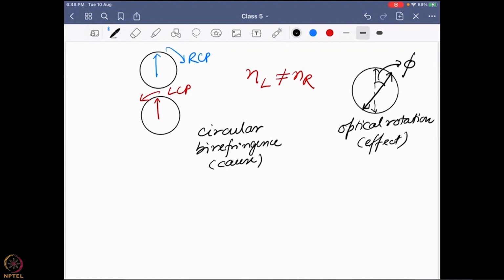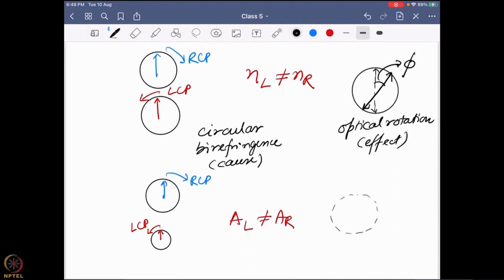Similarly, what might also happen is that this right hand circularly polarized light and left hand circularly polarized light are moving at the same speed, but their absorbances are different. And as a result, what happens?